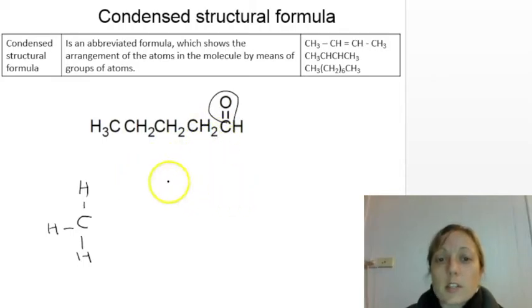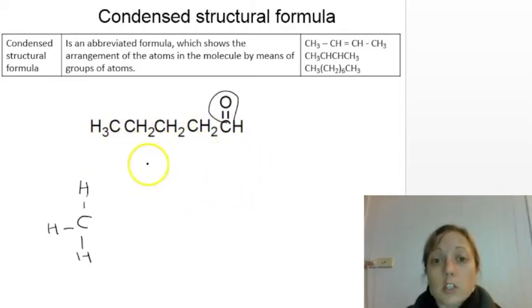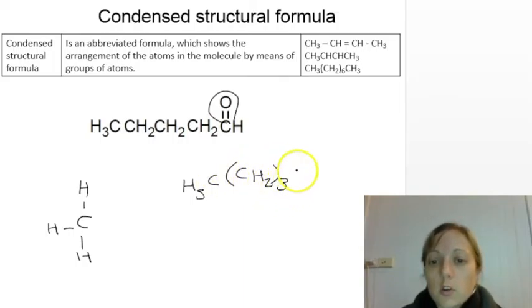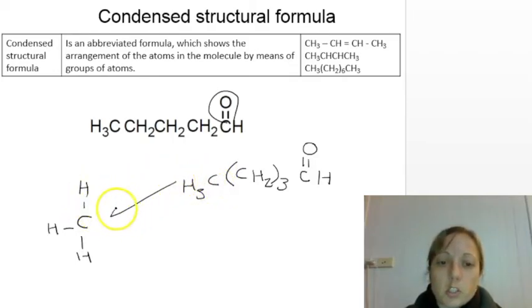Now this could be condensed further. So this is one version of condensed structural formula, but we could condense it further by putting the CH2s in brackets. So we've got 1, 2, 3 of these, so we could put CH2, 3 of those, and then the bond occurs at the next one, so we couldn't do it there, and then a H at the end. So basically what we're trying to do is abbreviate where these bonds are, and we know that CH3 is going to be this sort of branching.